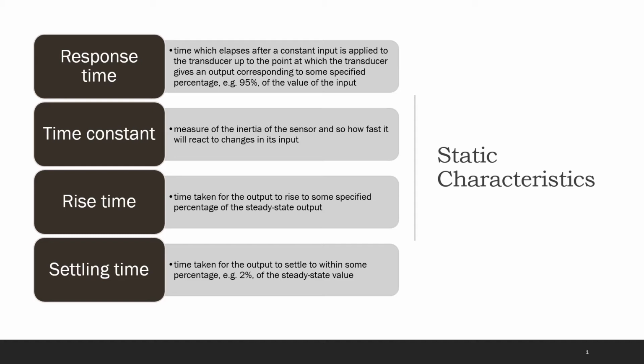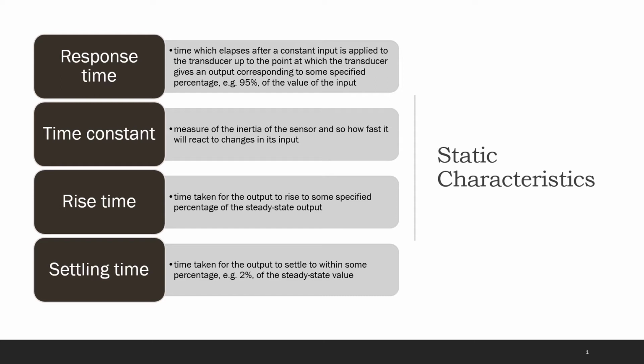Consider the example of a normal mercury thermometer. Initially we dip the tip of the thermometer in a hot liquid, the temperature of which is to be measured. Once we dip the tip, the mercury in the tube will rise gradually but not instantaneously, and it will reach the final value after some time.